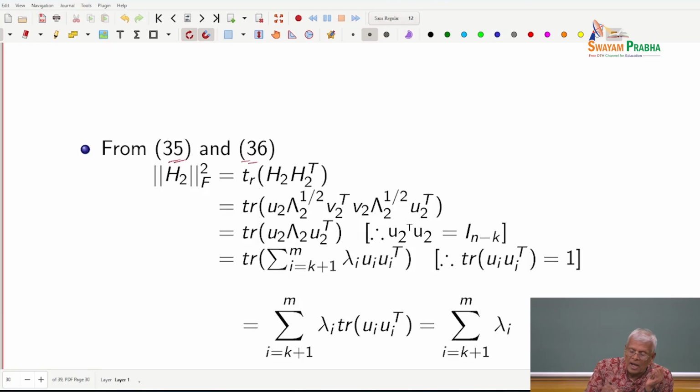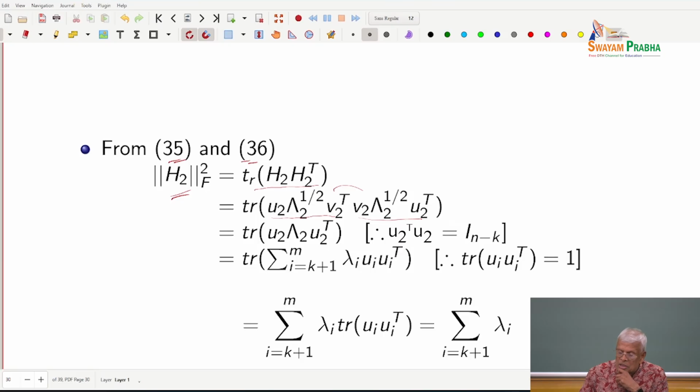So the squared Frobenius norm of H2 is the trace of H2 H2 transpose. H2 is equal to U2 lambda to the power half V2 transpose, times this. V2 transpose V2 is identity. Lambda to the power half squared is lambda 2. So this becomes U2 lambda 2 U2 transpose.